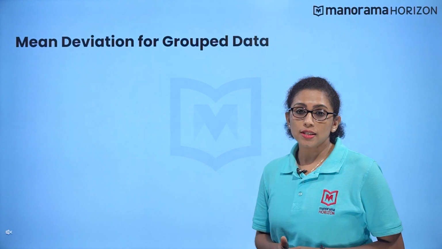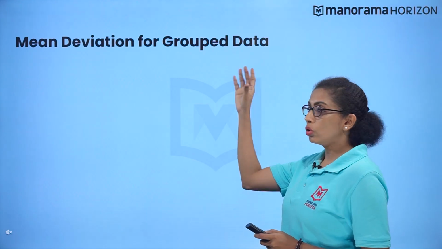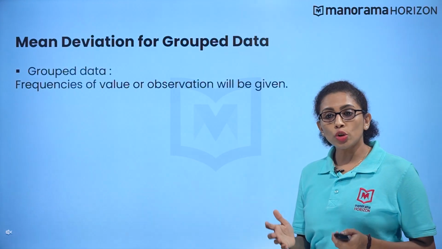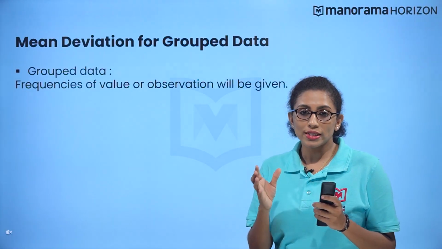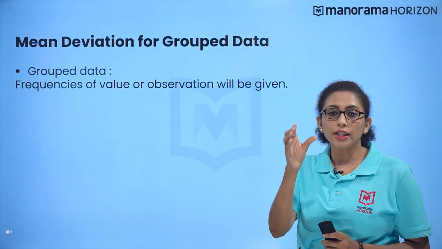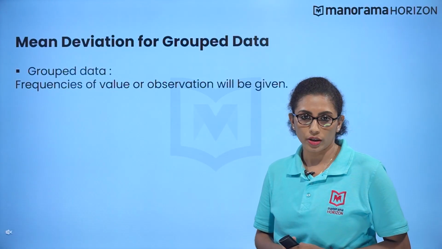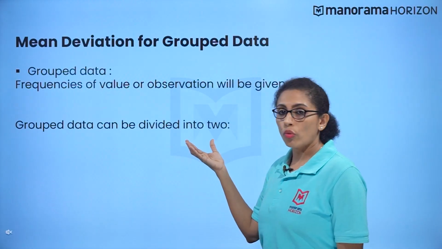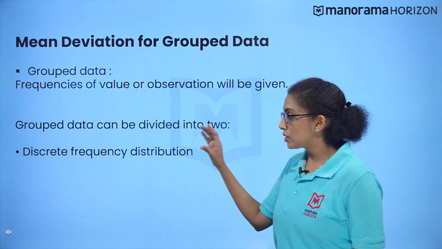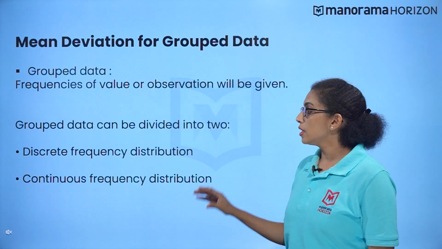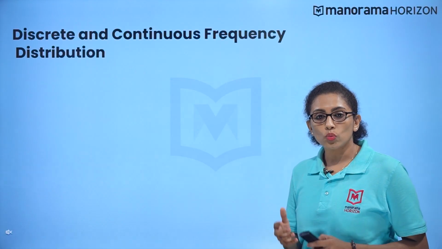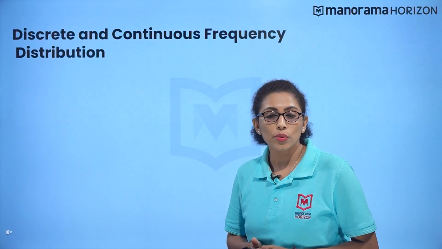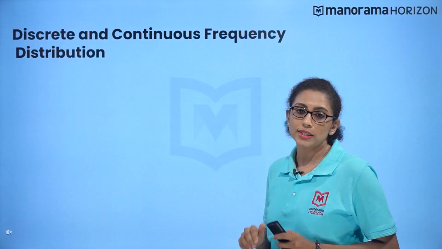Next, let's discuss the mean deviation for grouped data. In grouped data, the number of times each value occurs, or we say the frequencies of a particular value or observation, will be given. Again, grouped data can be divided into two, that is discrete frequency distribution and continuous frequency distribution. Now, my question is, what are the discrete frequency distribution and continuous frequency distribution?